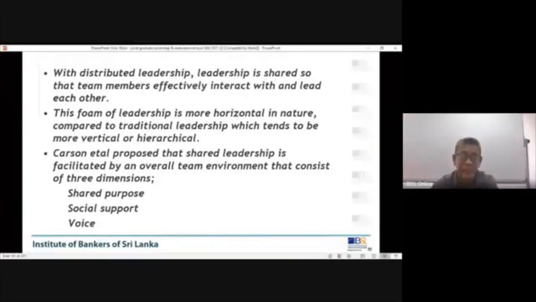lead each other. So actually, the distributed leadership is a form of leadership more horizontal in nature compared to traditional leadership, which tends to be more vertical or hierarchical. Now, the person who has identified this distributed leadership is called Carson.